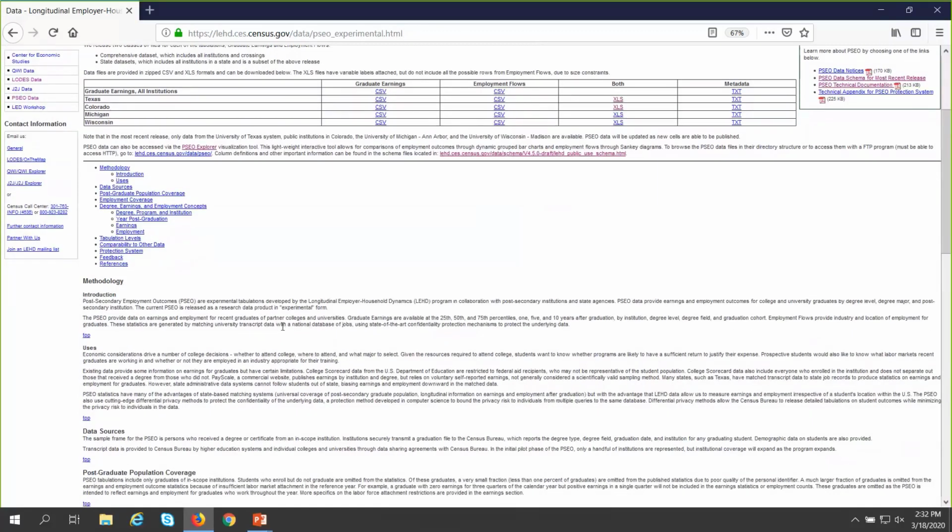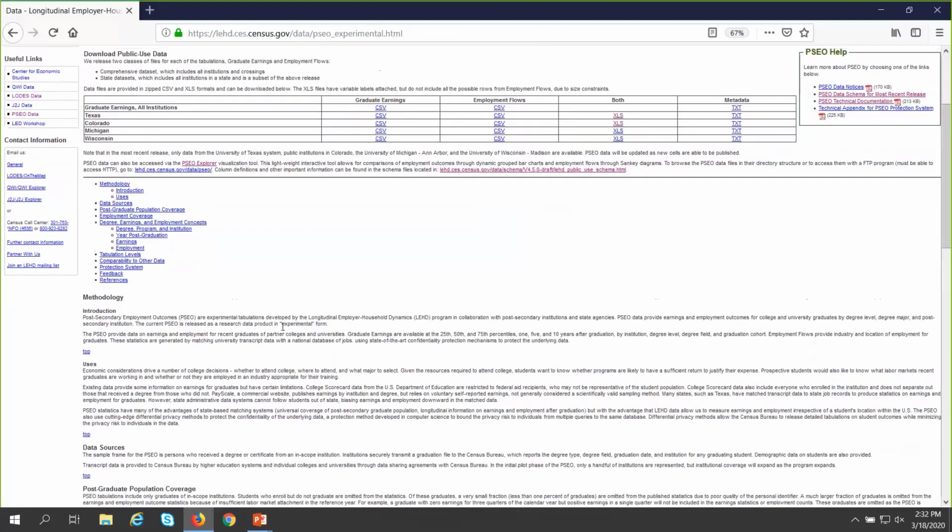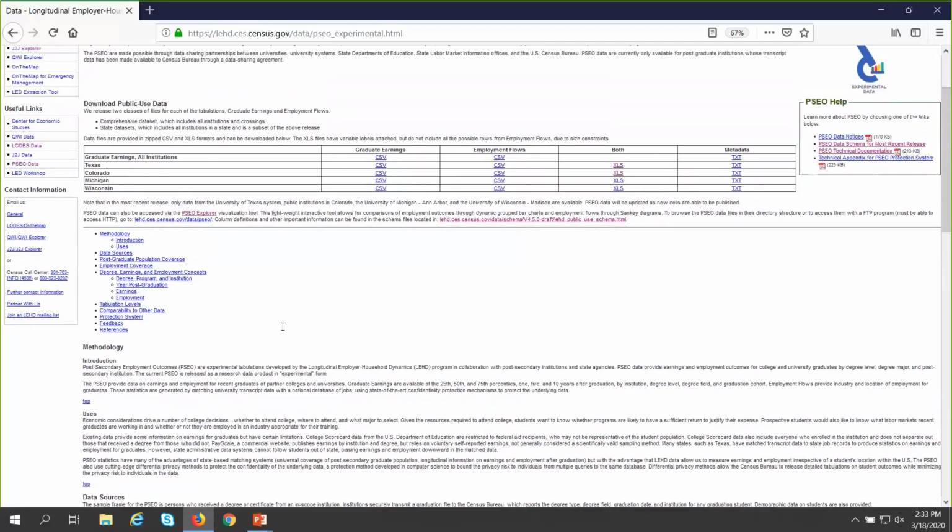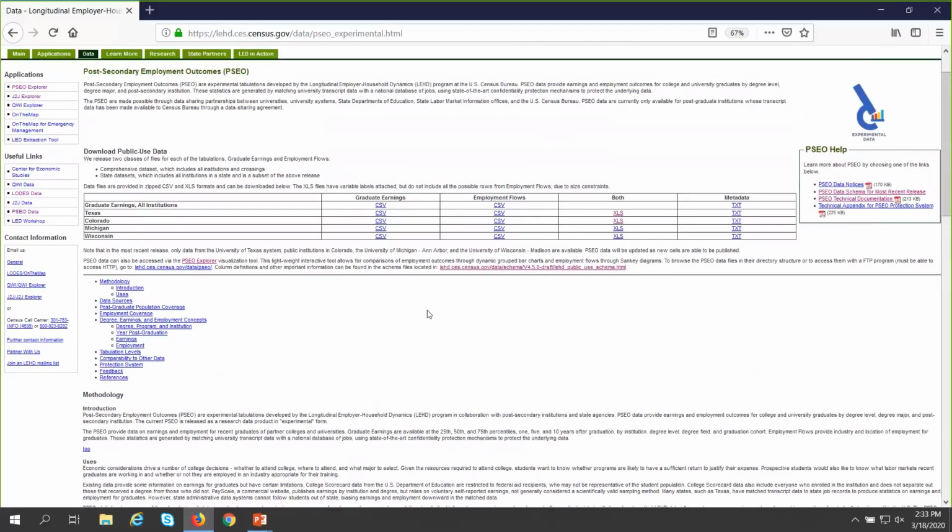And all of those sorts of things are spelled out here on the actual PSEO website, and then also in the technical documentation. So if you're home and you want some reading, the PSEO technical documentation will spell that out, and then also the technical appendix will talk more about the protection system for those of you that also need help sleeping.